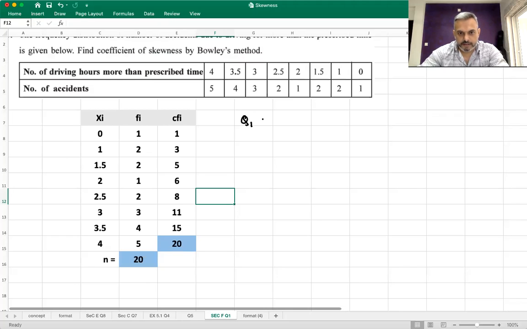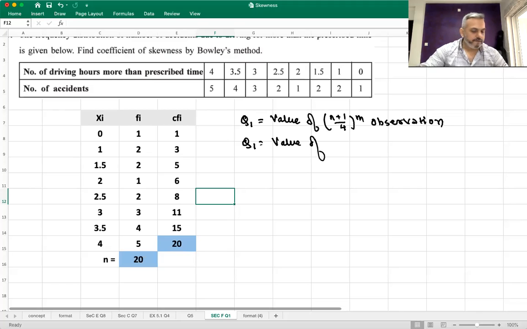Quartile 1 is equal to value of n plus 1 by 4th observation. So Q1 is equal to value of n plus 1, 21 divided by 4, which is 5.25.